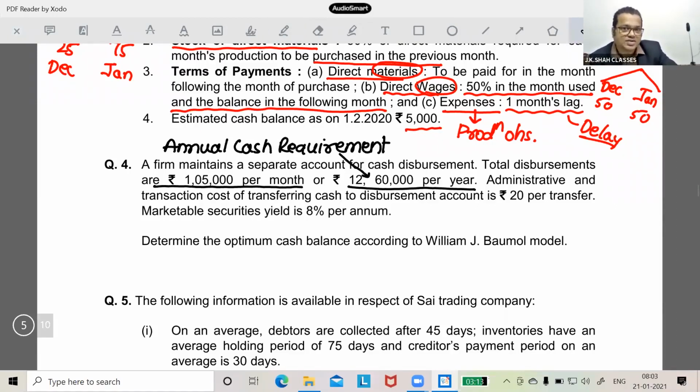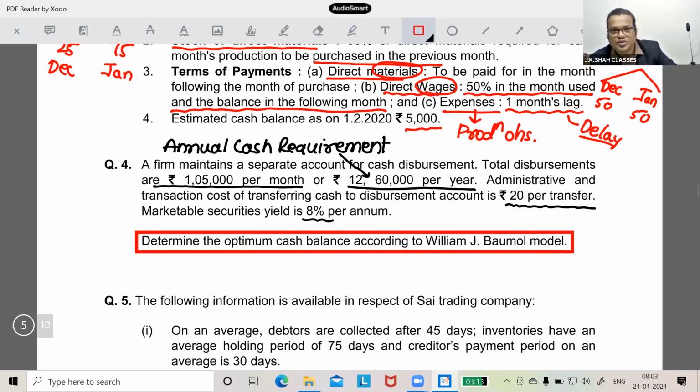Administrative and transaction cost of transferring the cash to the disbursement account is 20 rupees per transfer. Then you are told that the marketable yield is 8%. Something totally new in this question is that you have to determine the optimum cash balance according to William Jack Baumol model.